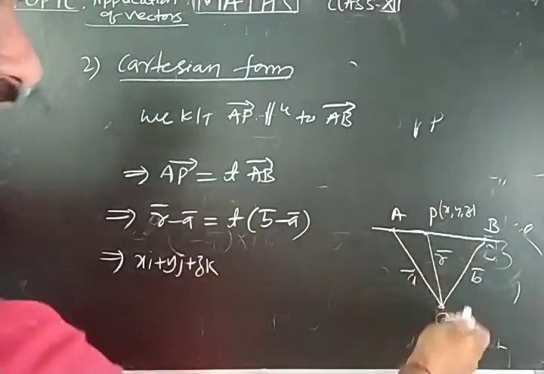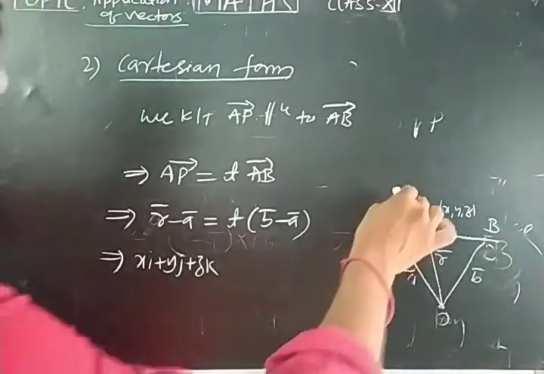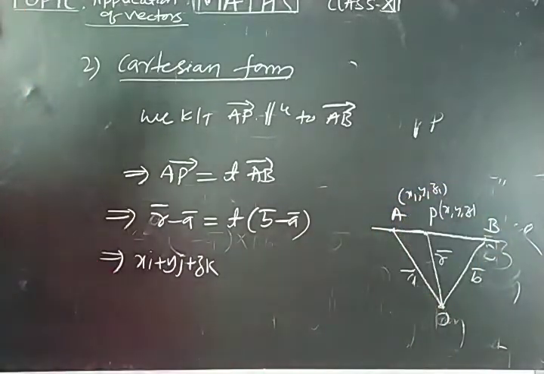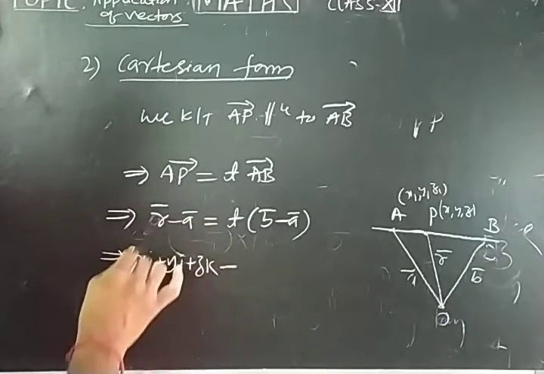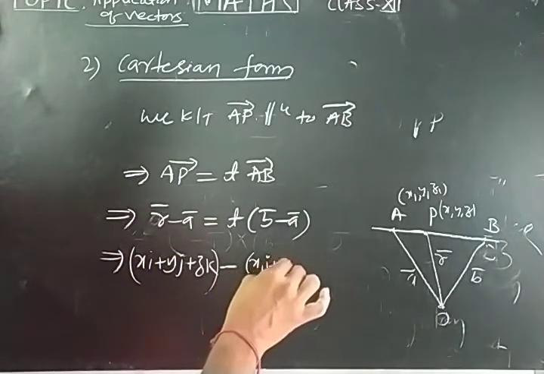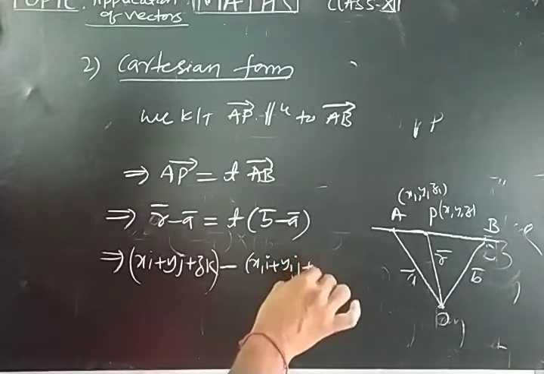A has coordinates x1, y1, z1, so A bar is x1i plus y1j plus z1k.